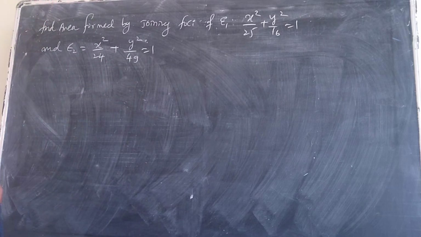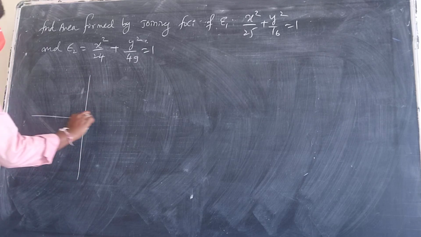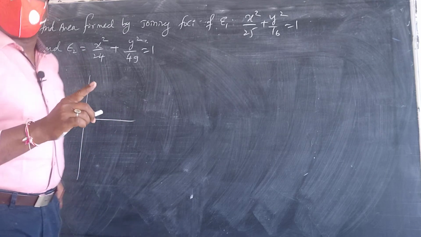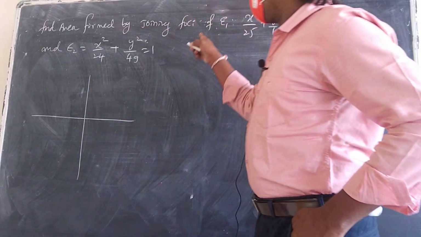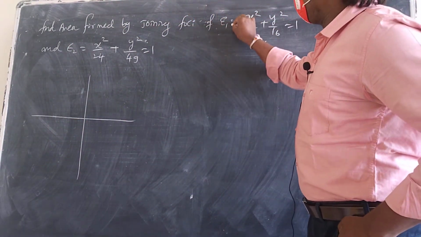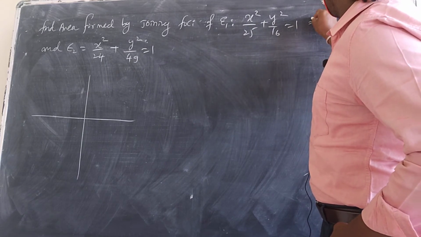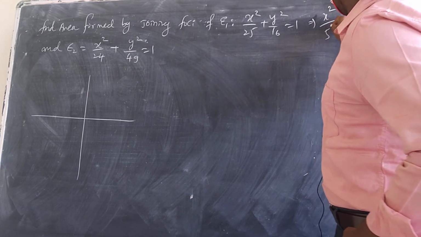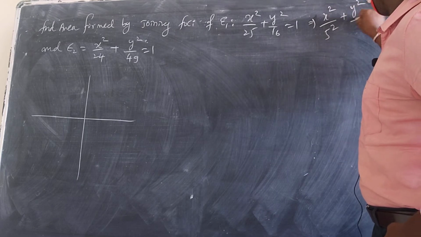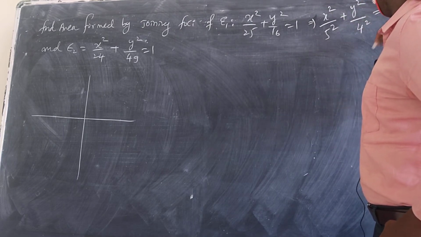See, he is asking to find the area bounded by the ellipse. So there is one ellipse. We have to see the a and b values here. Focus on the first ellipse. It looks like x square by 5 square plus y square by 4 square is equal to 1.